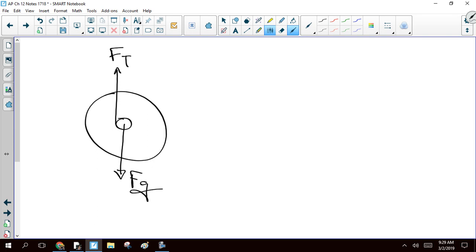If you call this your pivot point, then the torque provided by gravity is equal to I about your pivot point, using the parallel axis theorem, times alpha. Okay, that's kind of the deal there.